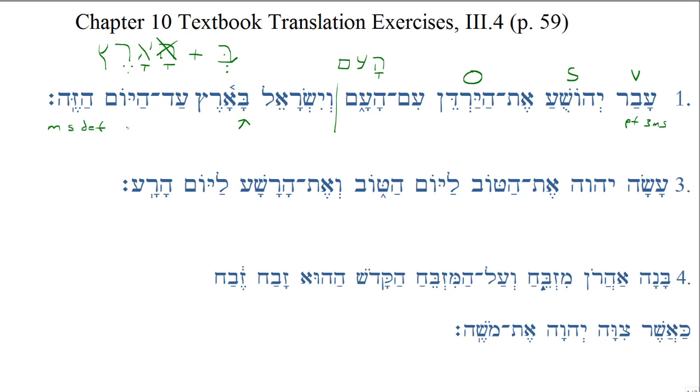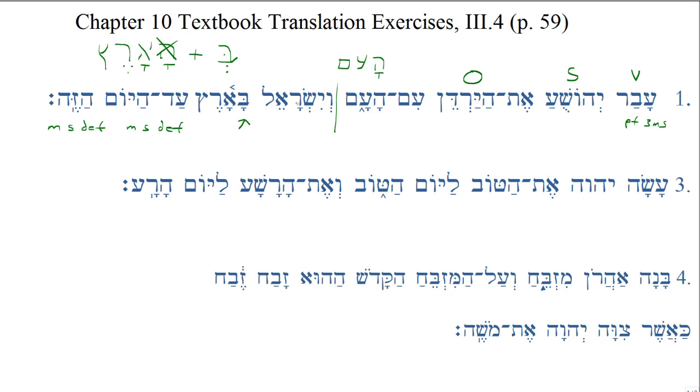Yom is masculine, singular, so that matches. Gender matches, number matches, and also the definite article here makes it definite. And so we have a match here between the noun yom and the demonstrative adjective zeh. They match gender, number, and definiteness. So we have this day. So ad, until this day.